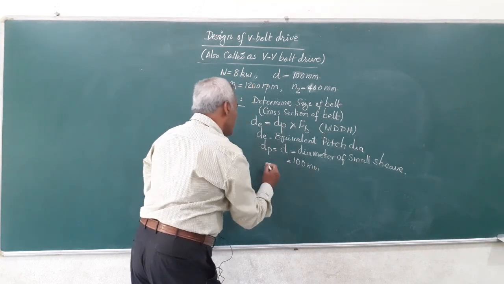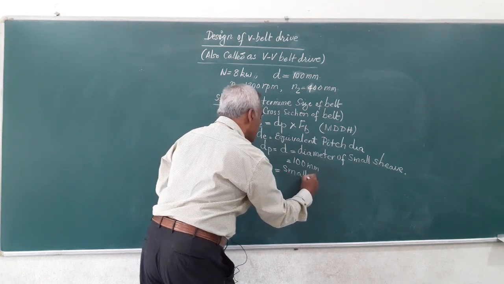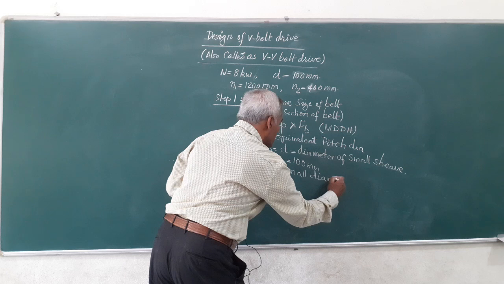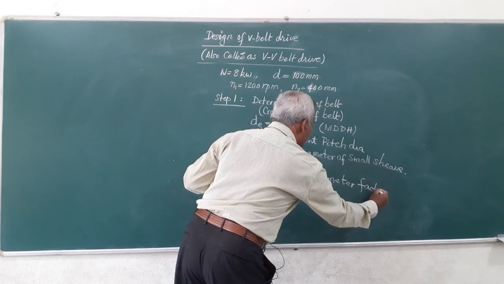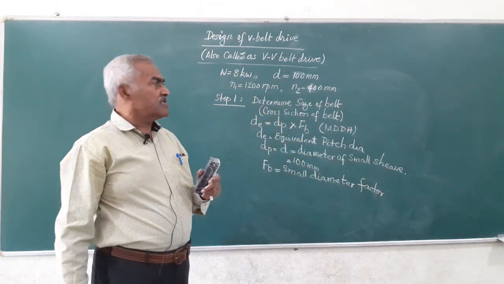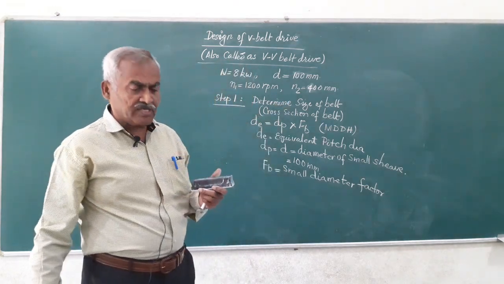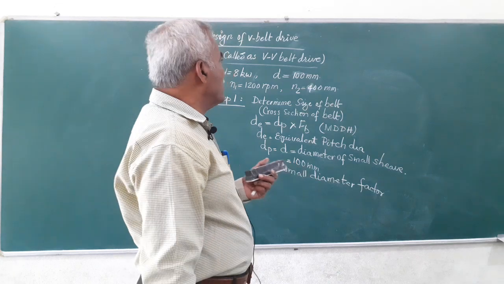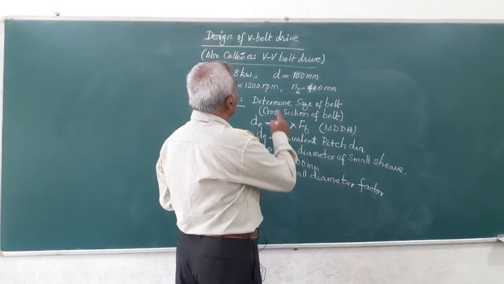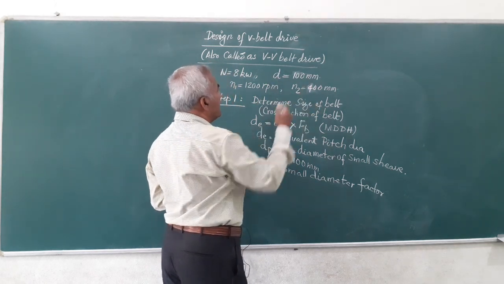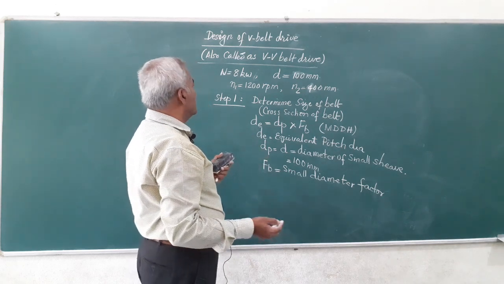And friends, this FB is called the small diameter factor. This small diameter factor depends on the transmission ratio. So we will find out what is the transmission ratio. Friends, you know very well, to find out the transmission ratio in any of these drives, you have to have two different speeds or two different diameters or two numbers of teeth on the driver and driven pulleys, whatever it may be.